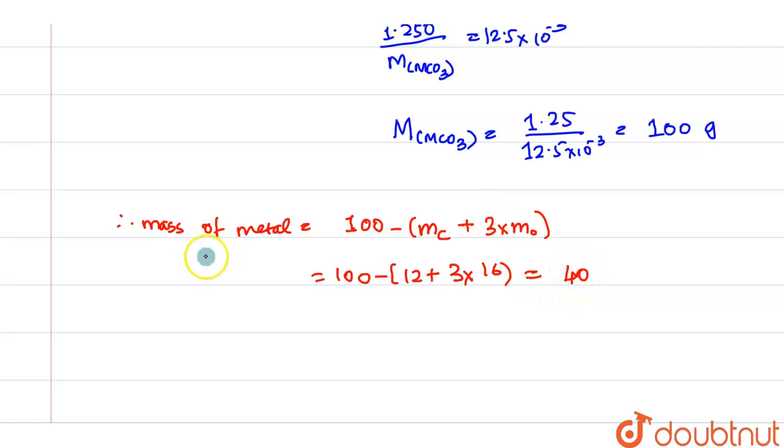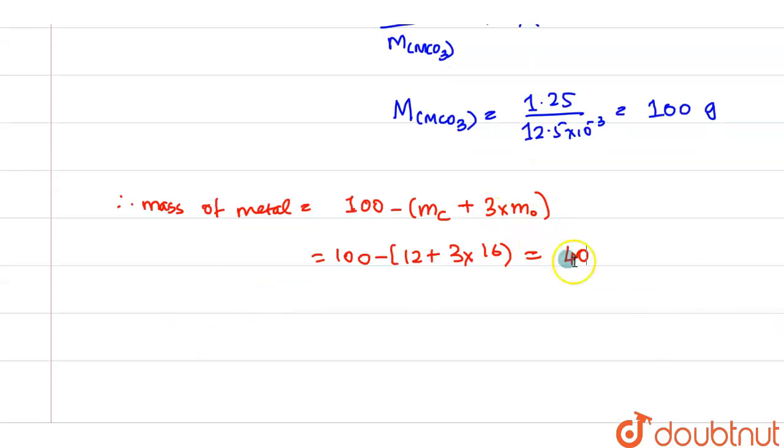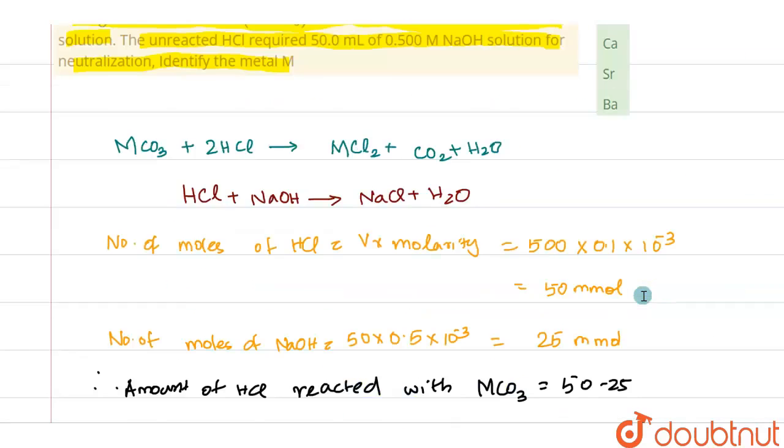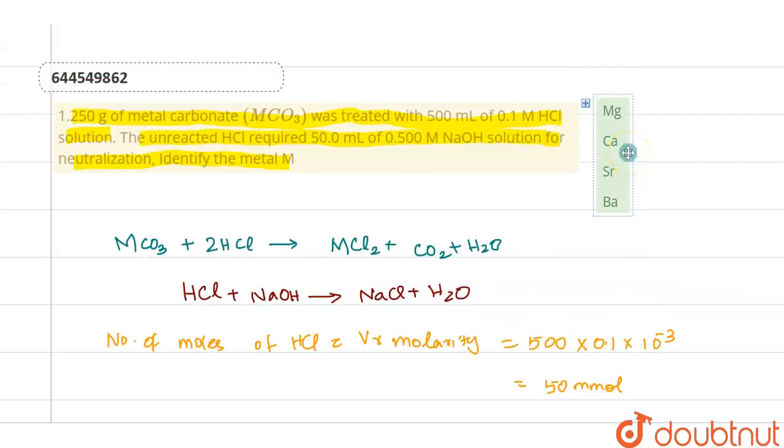Therefore the mass of metal is 40, the molar mass is 40 gram. From this we know that calcium has a mass of 40 gram per mole. Therefore calcium is the metal that is present. So that will be the answer.